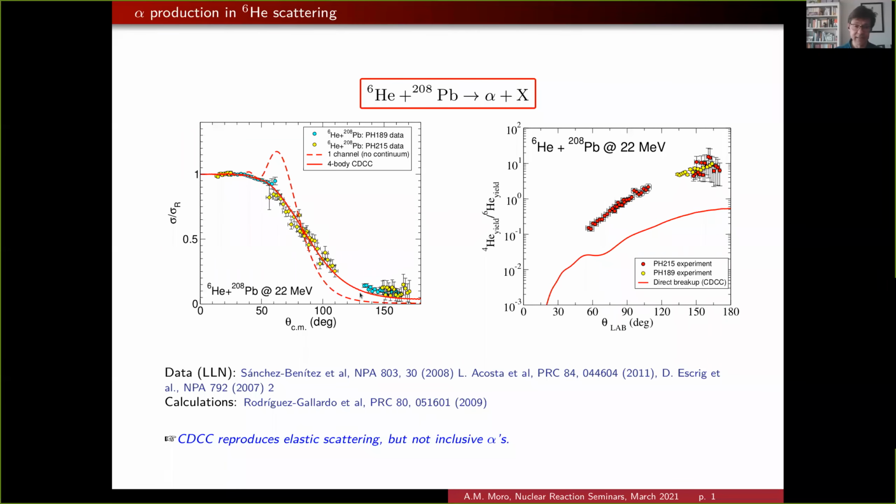So you see the elastic data was very nicely reproduced, but then when we looked at the alpha production, this is inclusive alpha production from the same experiment, and this is actually a ratio, a probability. It is a ratio between the alpha production and helium-6 elastic scattering, essentially. You see that the same calculation that nicely reproduces the elastic data completely fails to reproduce this alpha yield.